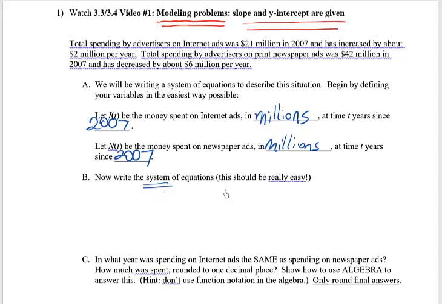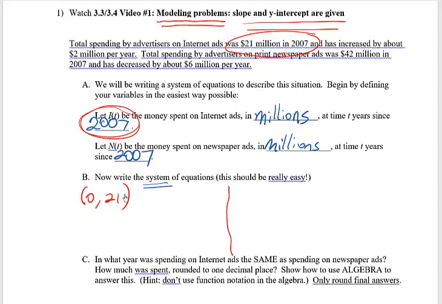In this case, we'll do each equation one at a time here. So let's start with the internet equation. The reason that it's so easy is since we picked 2007 as our starting point, I know the y-intercept. 2007 becomes our 0 year, and so I know that (0, 21), 21 million was the start, is my y-intercept.